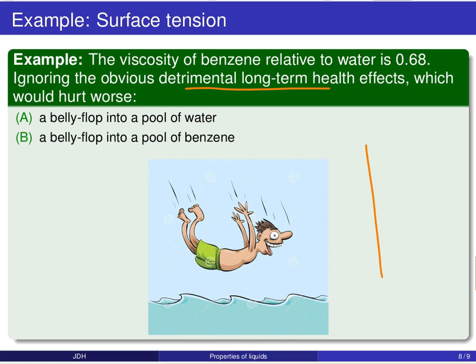So if you have a DNA molecule, that double helix, benzene molecules can basically wedge themselves in and cause mutations. So we're ignoring that. We're going to assume that we're not going to get cancer from doing this. We're just looking at the pain involved in that initial instance of your stomach hitting this fluid.